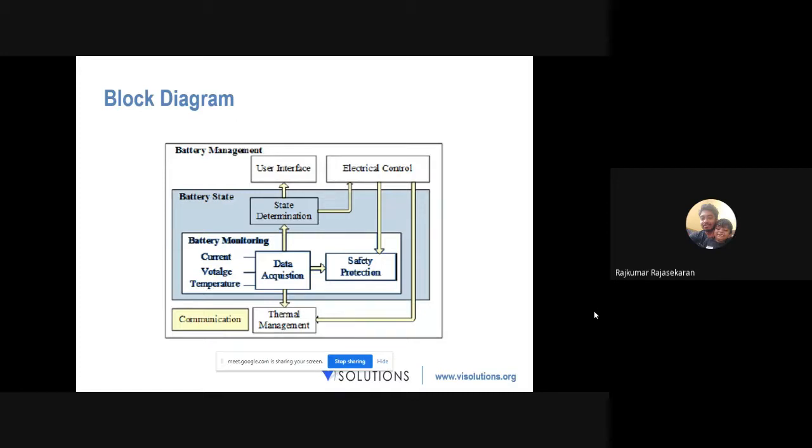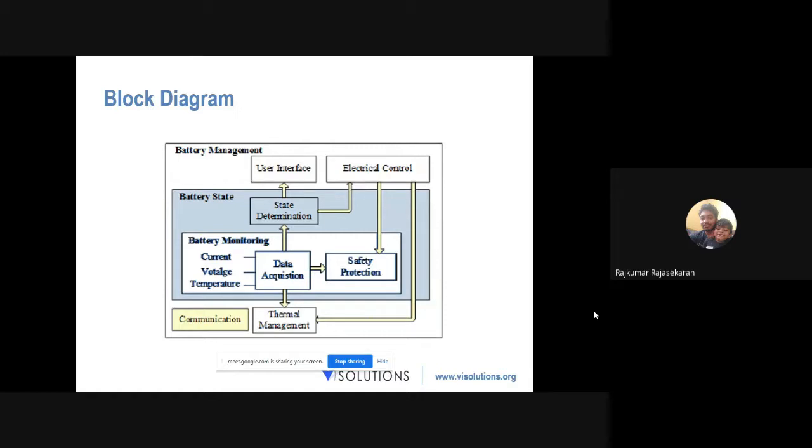Like the charge indicator in our mobile phones, in an automotive system we need to know how much charge is available and how much further distance it can go. Those parameters need to be observed, because range anxiety is very prevalent in automotive systems, at least in electric vehicles.